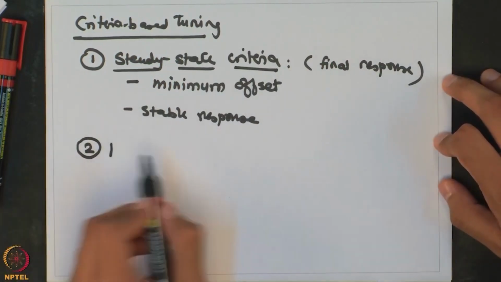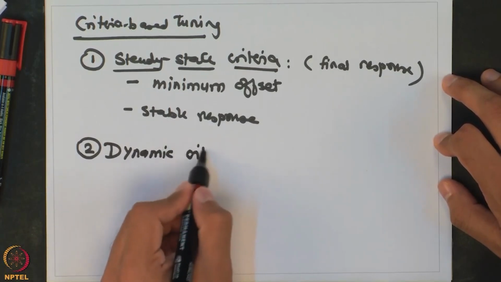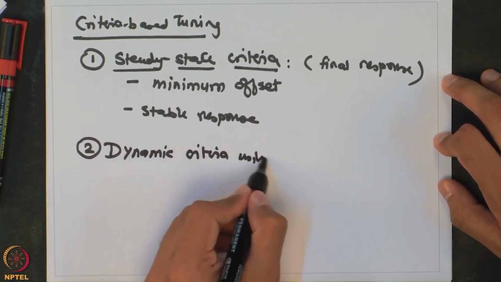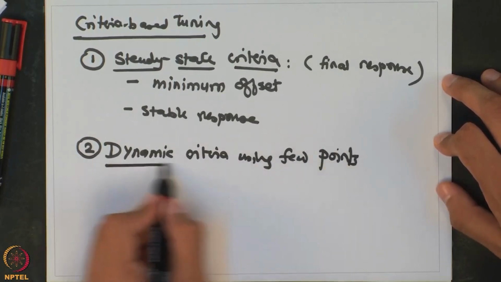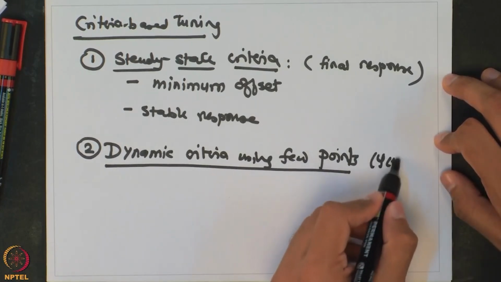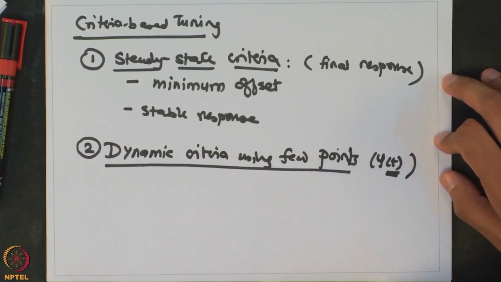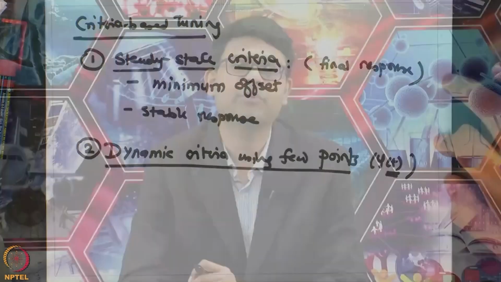The other type of criteria are dynamic criteria using a few points. Here we will look at the actual trajectory of the output as a function of time, and then have certain criteria on the type of response or the value of the response at certain important points.